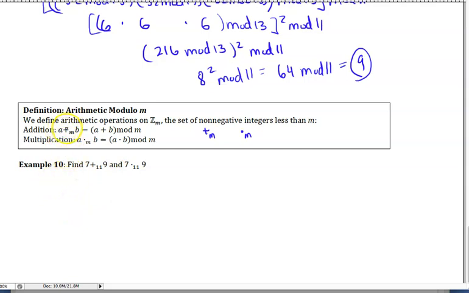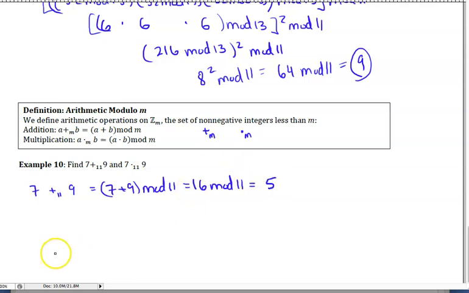If I have a plus b in modulo m, then I'm adding and then taking the remainder. And same for multiplication. So 7 plus 9 like this means that I add 7 and 9 modulo 11. This gives me 16 mod 11, which means what's the remainder when I divide 16 by 11?